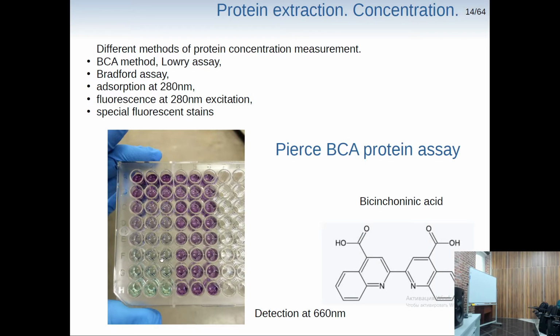So now we have somehow isolated our protein. Now we need to do some quality check here. What we want to know? We want to know whether our separation is clean enough. Are there only proteins or are there any other nucleic acids and whatever? Also, we want to know the concentration of our protein, how much of protein is there, because we need this concentration for downstream processing.